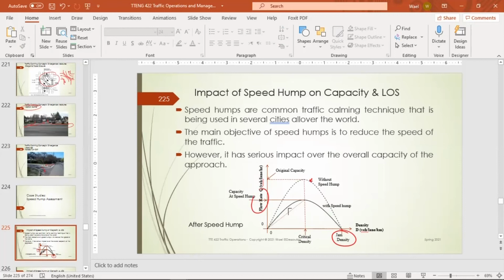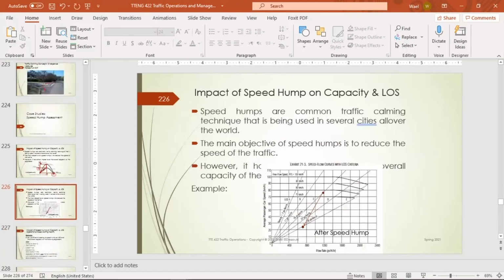As you can see, there is a drop in the capacity, basically because there is a drop in the speed. That's the slope here, the speed over the speed hump, and here, the speed at saturation when there was no speed hump. So there is a significant reduction in capacity.